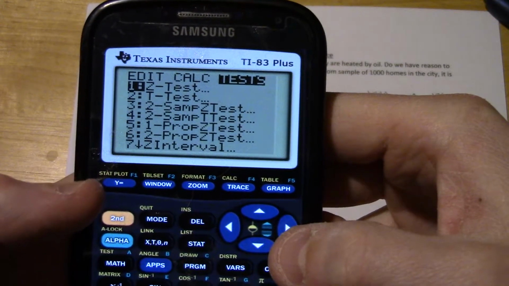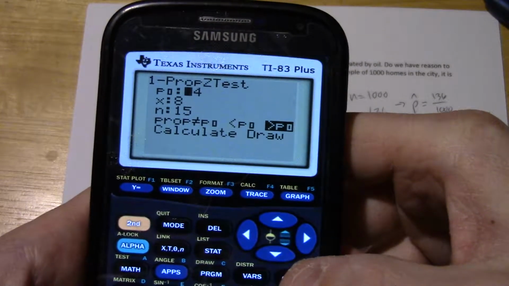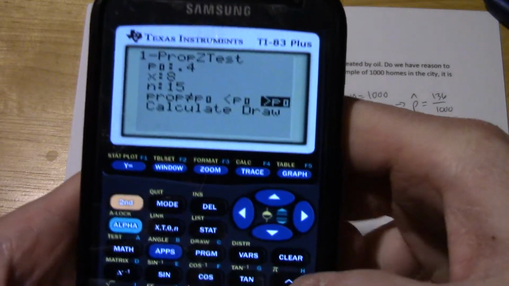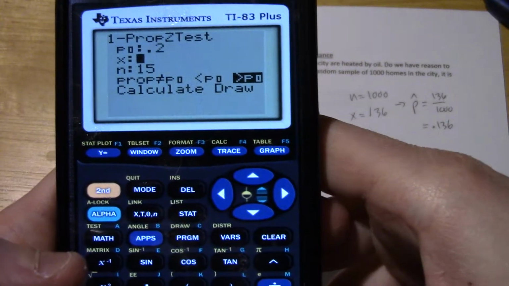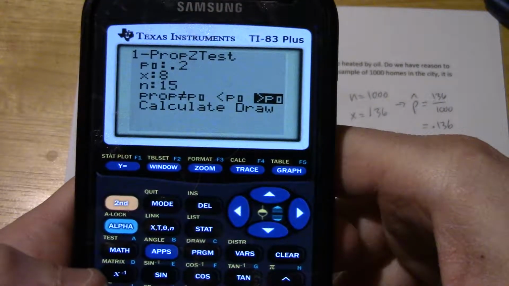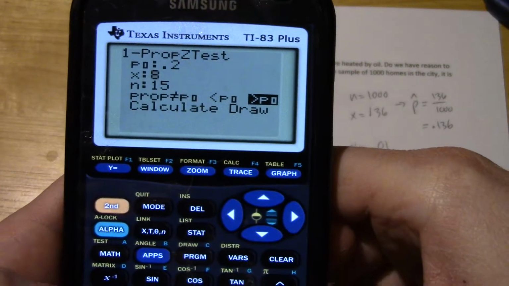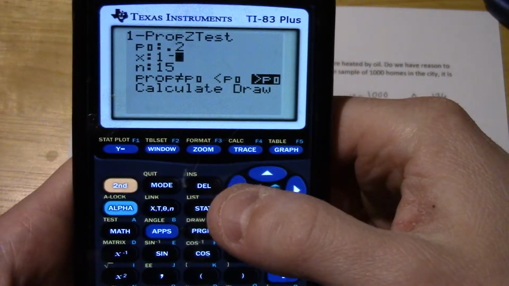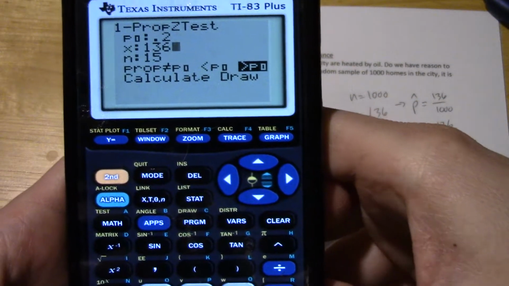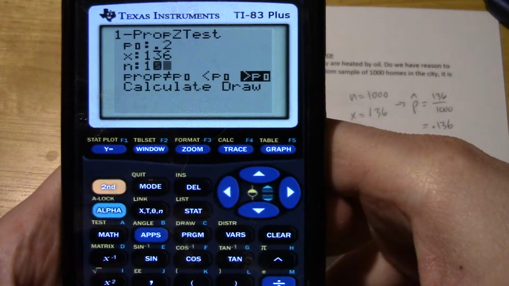So we go to stat, tests, 1 prop z test. Now we think that the proportion is equal to 1/5. So you can type in 1/5, 1 divided by 5, and press enter, and that will change it to 0.2. So if you didn't know it was already 0.2, that's fine. You can enter an equation there. We observed 136 homes heated by oil out of a random sample of 1,000.